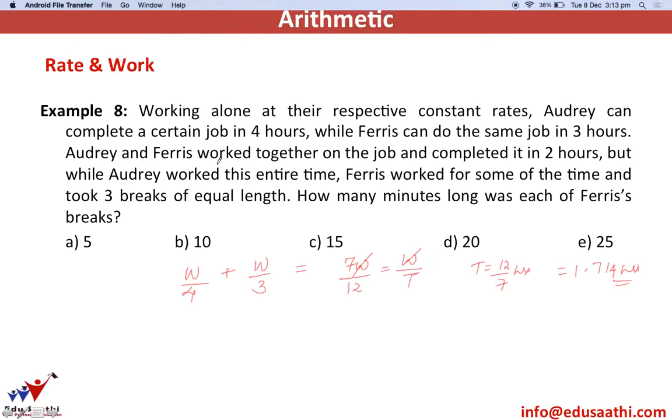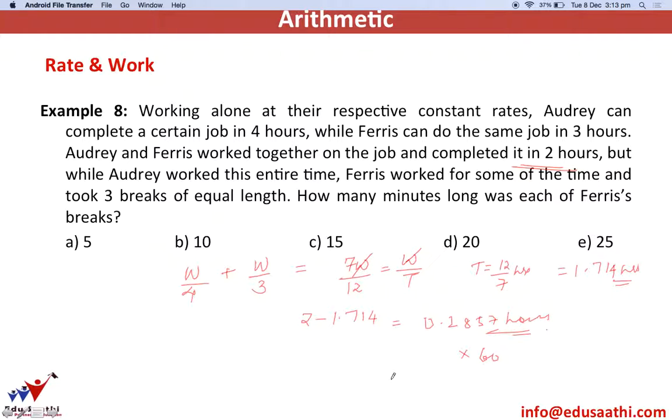Now, they have completed it in 2 hours. So that means they're taking more time to finish this off. If I look at the difference between 2 and 1.714 hours, it comes out to be around 0.2857 hours. Now this 0.2857 hours would be converted into minutes, because the answer that I want is in minutes.